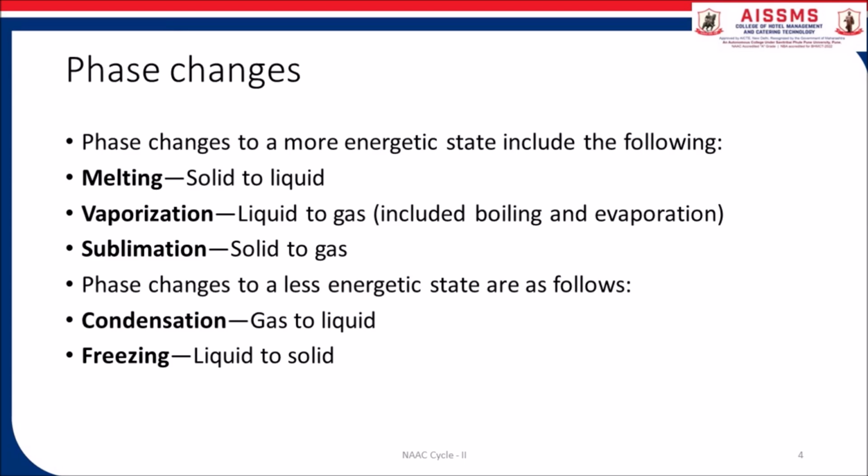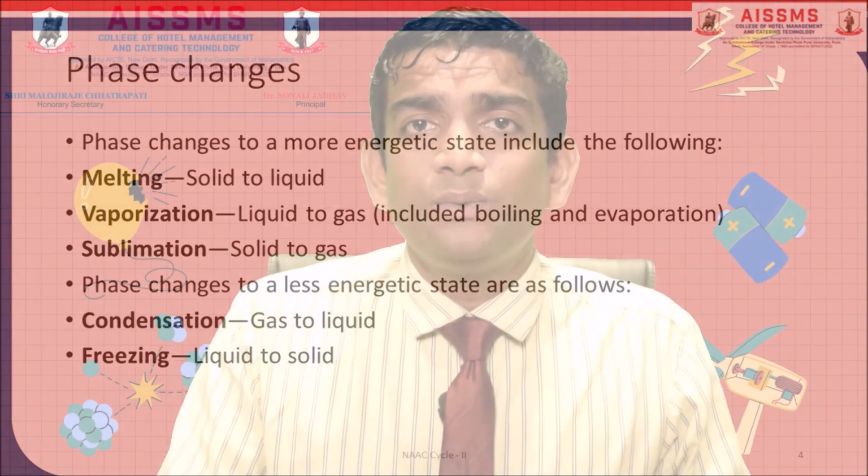Phase changes to less energetic states are also seen, which are as follows. The first one is condensation, where the gas turns to a liquid, and then freezing, that is liquids to solids. Let's discuss each of them in detail.